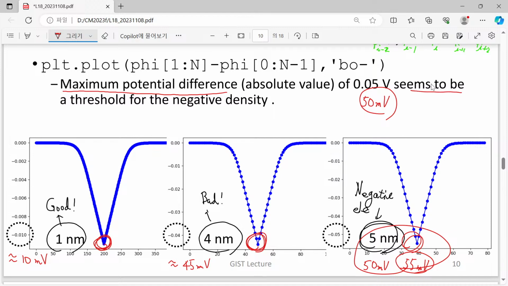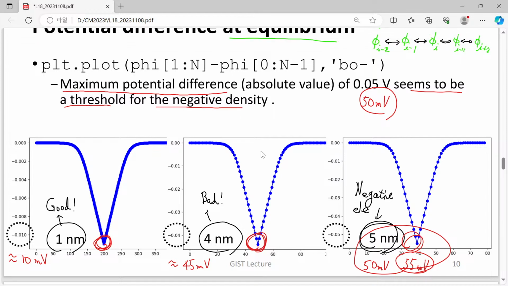seems to be a threshold for the negative density. When its maximum peak difference is larger than 50 millivolt roughly, then we have negative density.